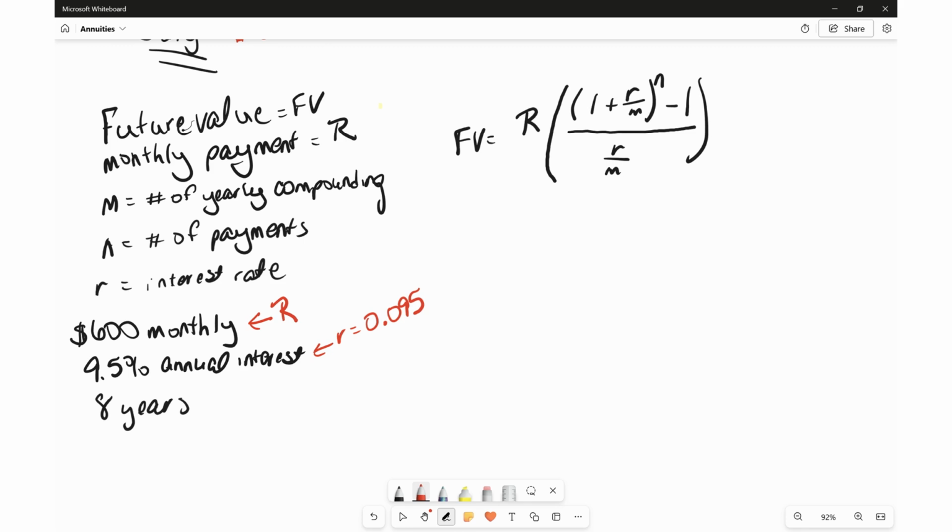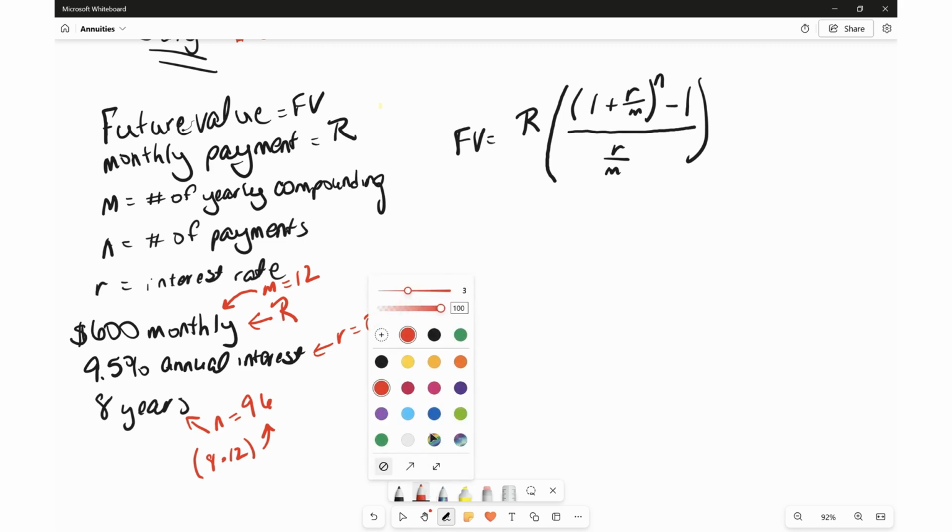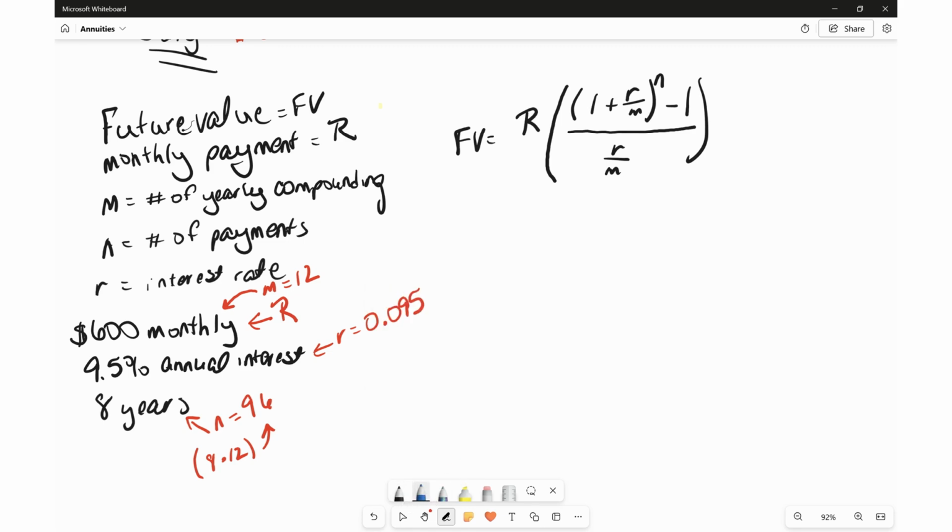And this also tells us that M is 12 because we're making these payments monthly. And this right here tells us that N is 96, which happens to be 8 times 12. So monthly payments for 8 years. Well, what's that going to give us in the end?